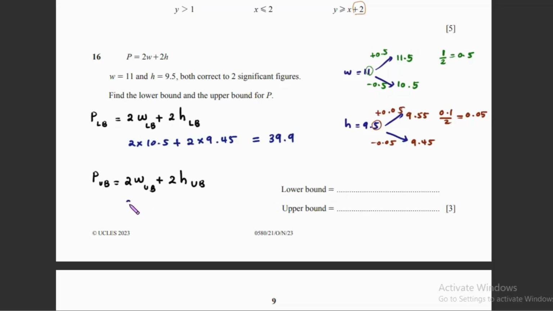The same way, I'm going to do 2 times W's upper bound. So the upper bound of W is 11.5. Add that with 2 times the upper bound of H, which is 9.55. When I calculate this, I get 42.1. Therefore, the lower bound of P is 39.9 and the upper bound of P is 42.1.